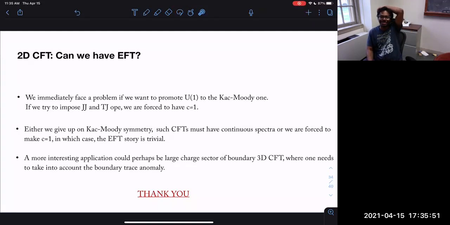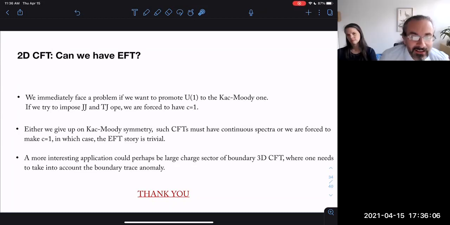So in that sense CFTs with continuous spectra are weird, but we do have examples like Liouville with continuous spectra. Right, but it's an effective theory, it's not supposed to be the real thing.